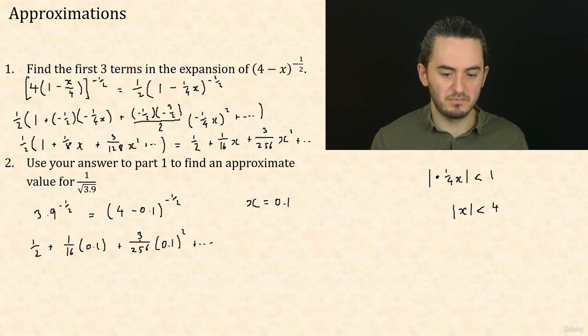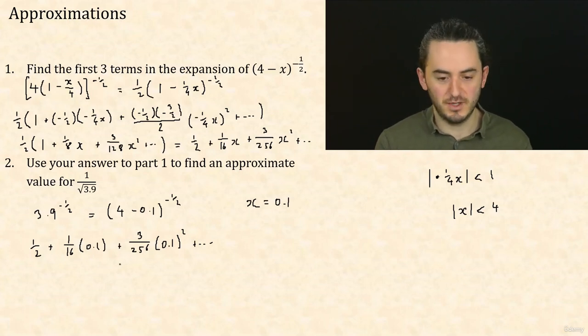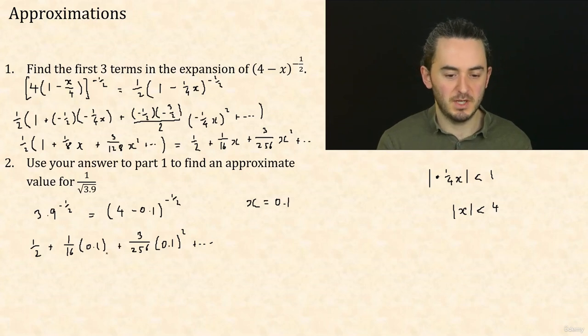So this should be pretty accurate. And once again, if I wasn't so lazy, I could multiply these out, get a fractional version and get some really nice non-calculator answer. But I'm just going to be super lazy and just key this into my calculator.